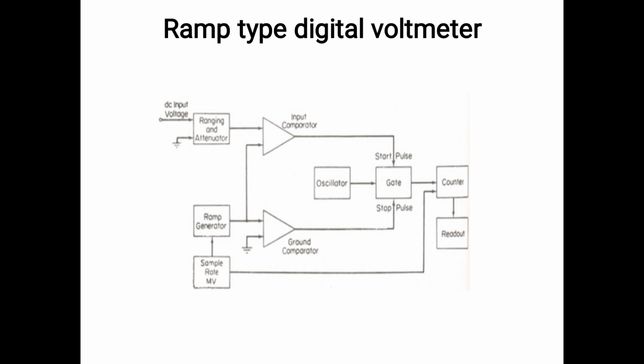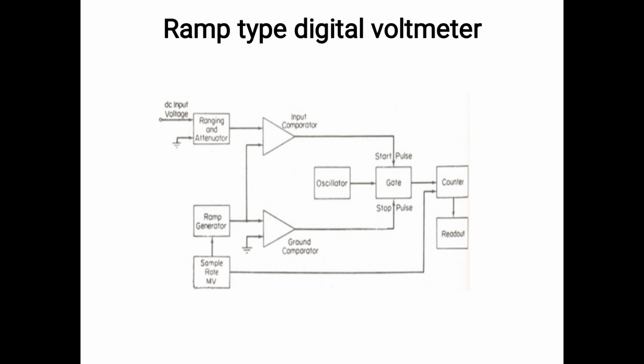For the reference, we can see there is a ramp generator. That ramp generator produces a ramp signal which has its input from a multivibrator. The previously defined sampling rate multivibrator makes the ramp generator generate ramp pulses.